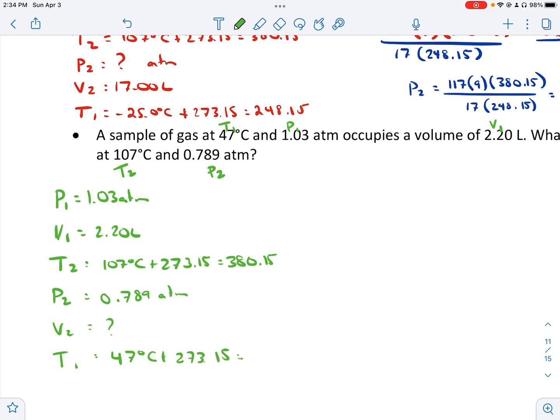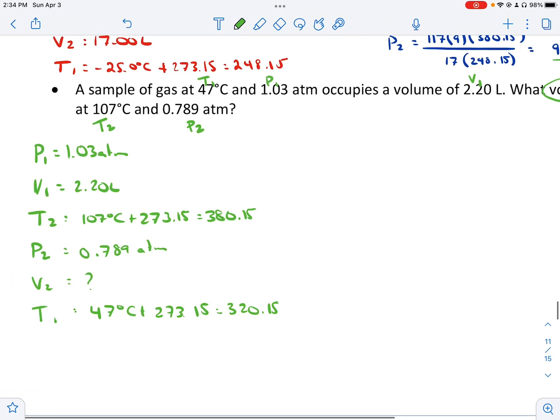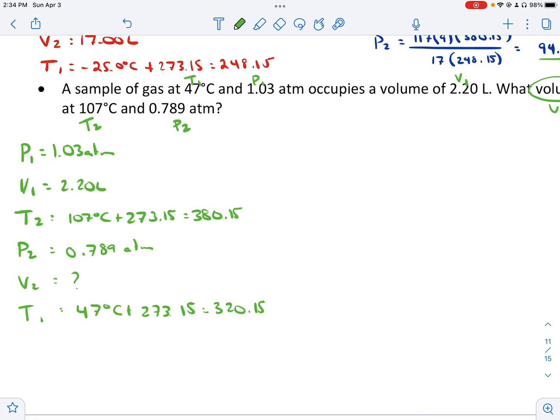Let's go ahead and do that. That is 320.15. All right, now we're ready to plug it in there. So remember our formula, P1 V1 T2 equals P2 V2 T1. And we should be ready to just throw stuff in there.